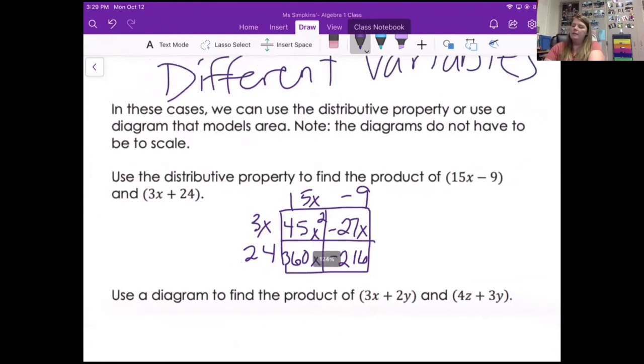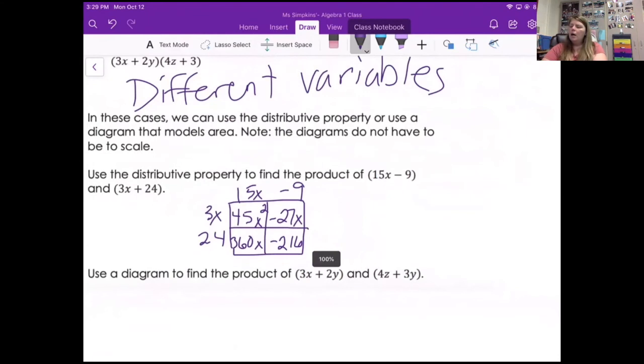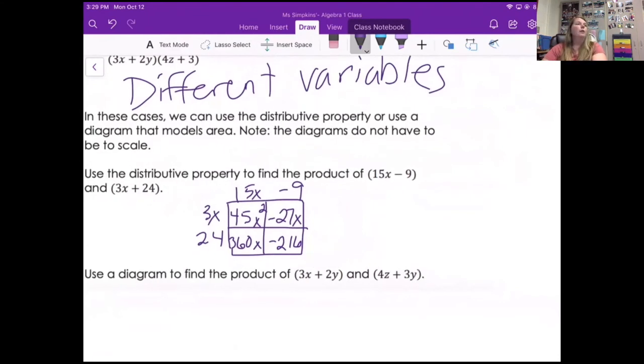Are we done? Almost. So we want to write in standard form. Inside the boxes, what's our biggest variable? 45x squared. What would come next? Well, I have two x terms, right?